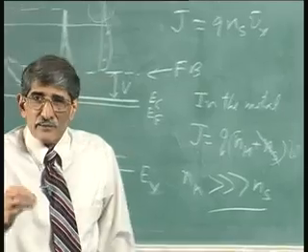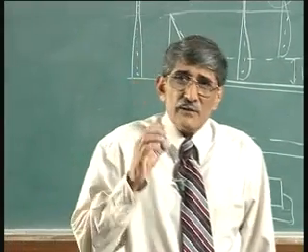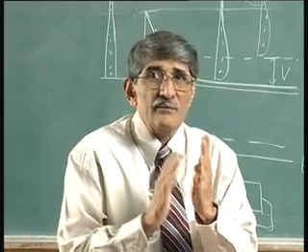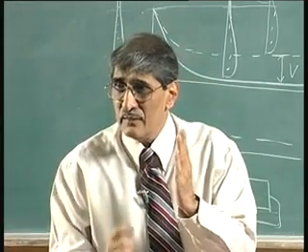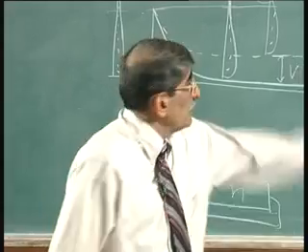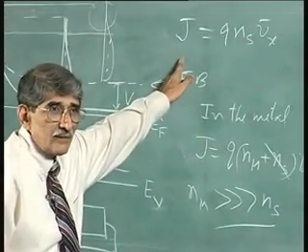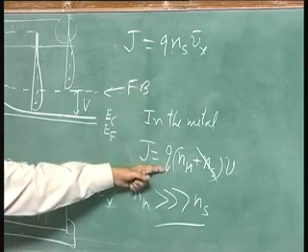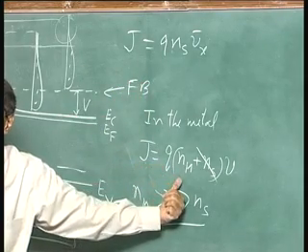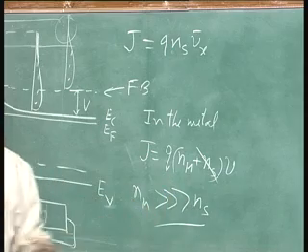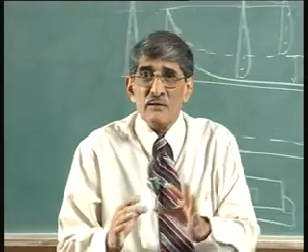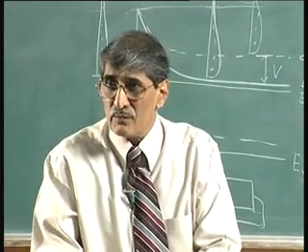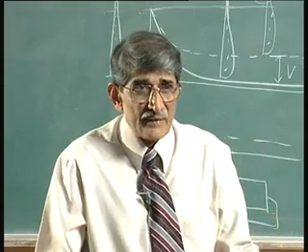So, what I am trying to point out is, in a Schottky barrier diode, the extent of current that is flowing through the junction is totally controlled by that component, because this component is not limiting it, because with a very small field it is able to take away all the current, because N of M is very large in the metal. N of M, the electron concentration in the metal, is very large compared to the electron concentration on the surface of the semiconductor.